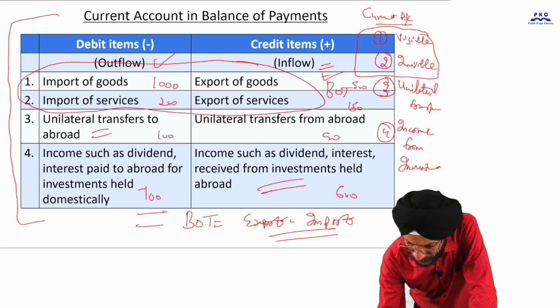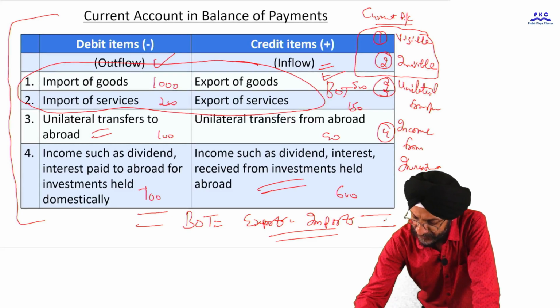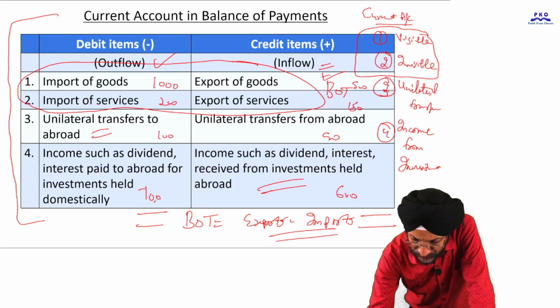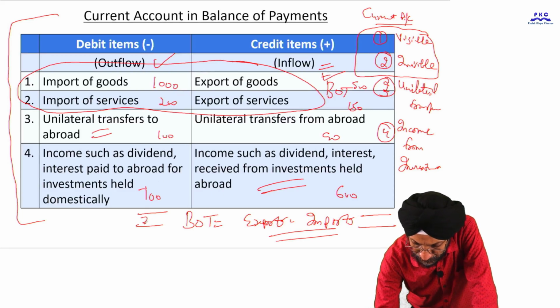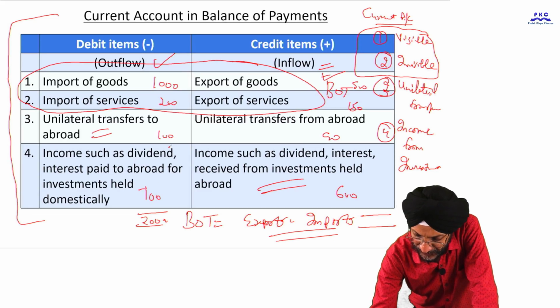And when we make the total of the debit side and credit side, what comes? It comes 2000, 1000, 700, 200 and 100.